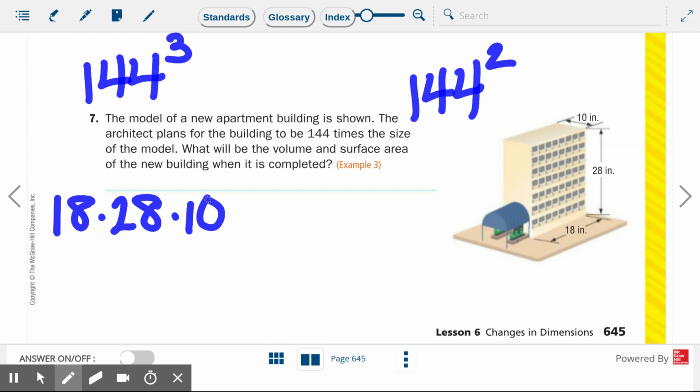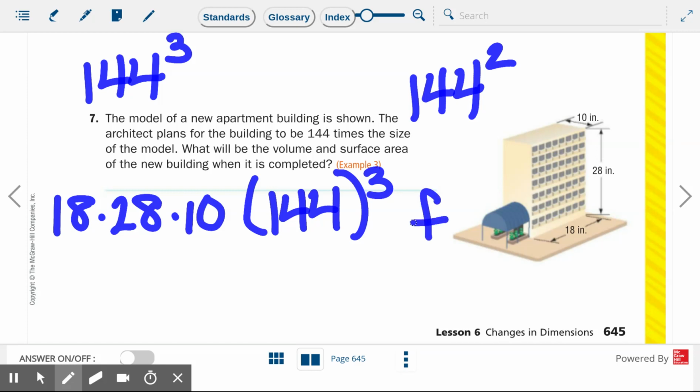That'll give you the whole volume. And then, yes, you do need to multiply that times 144 cubed. You're going to get an enormous answer. But since it's such a big answer, it'd be better to have it in feet cubed rather than inches cubed.